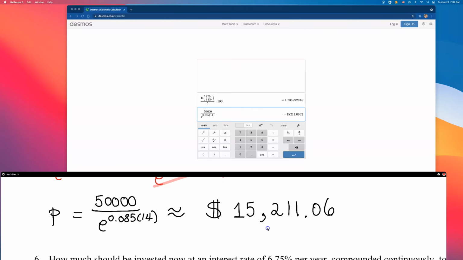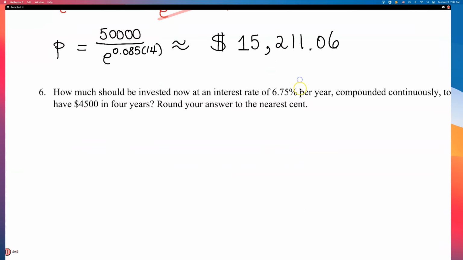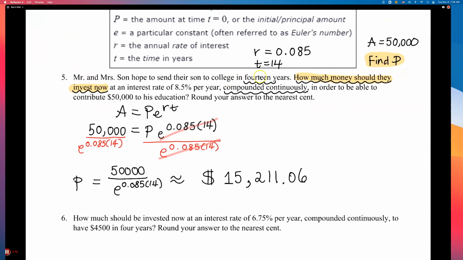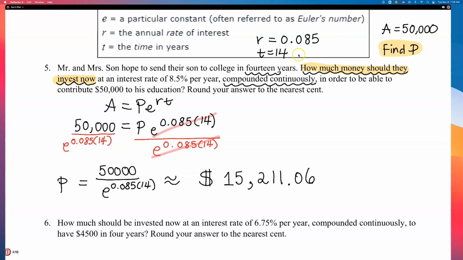If they have that much money today and can find a financial institution that will let them have 8.5% per year, compounding continuously, and if it's going to take them 14 years, that initial amount will grow to be $50,000 for their son by the time he goes to college. But that's how you can find the initial value problems. Once you set it up, we just have to divide both sides by that exponential term.